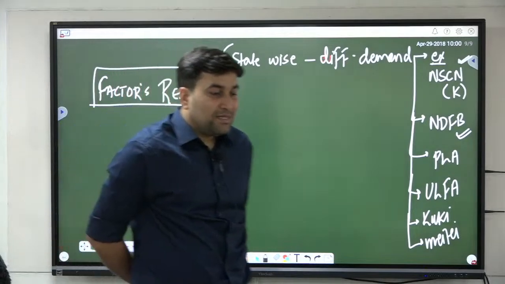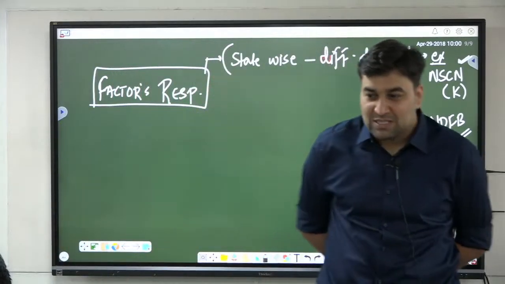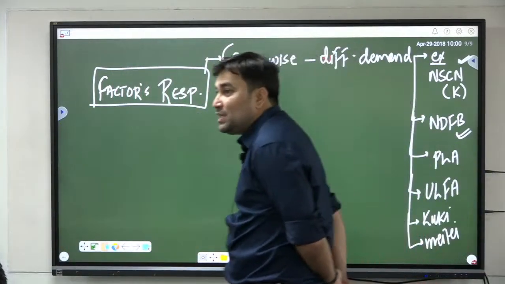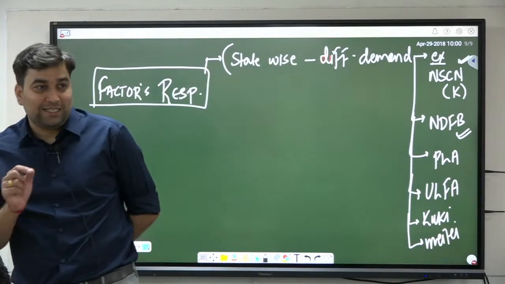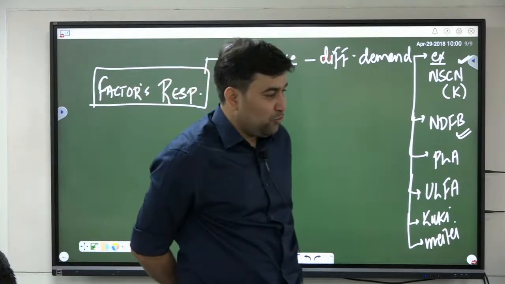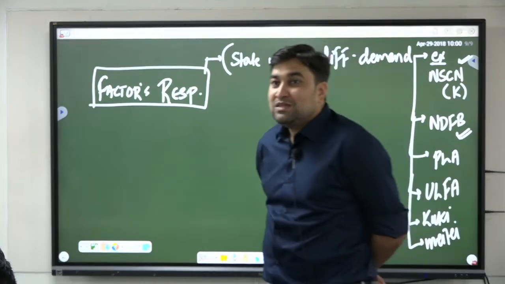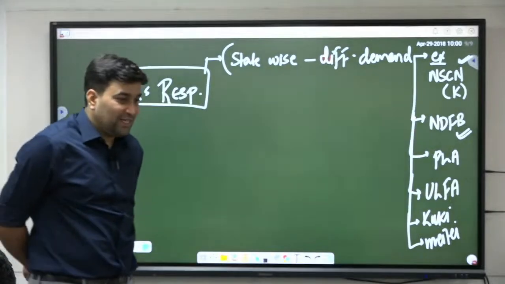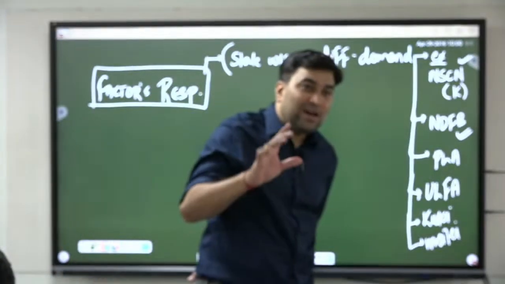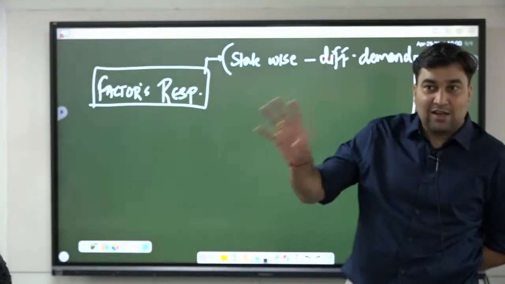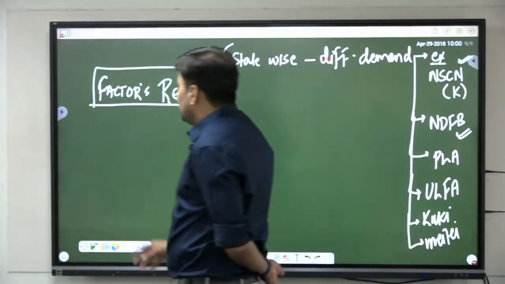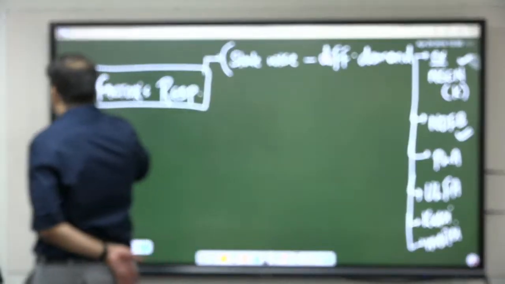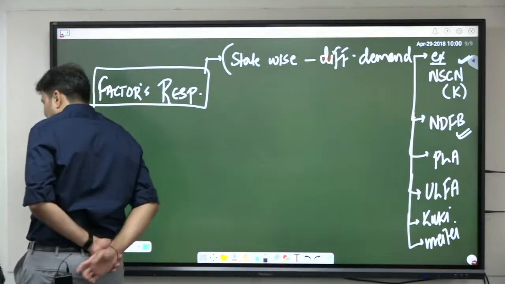Some tribal groups want a separate state, just like Manipur, Tripura. Some want more autonomy, etc. Everyone's demand is different, so the reasons will also be different. Got it? But in general we'll write the different factors.